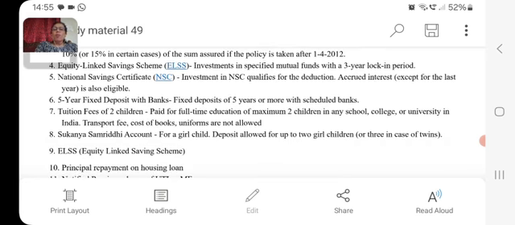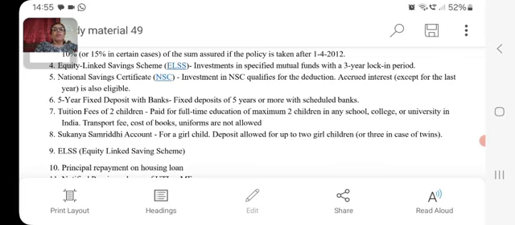Along with this, one more important point to be considered is tuition fees paid for the two children. If the assessee pays the tuition fee, that means the school fees of his children, he can avail the deduction to the extent of maximum 2 children. But this tuition fee means only tuition fee. It does not include the uniform fees or the fees which is paid for the vehicles or books, etc.